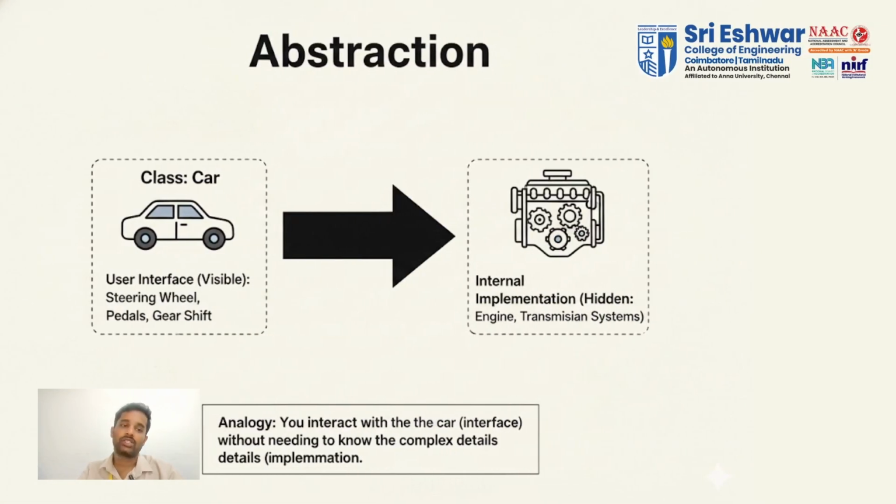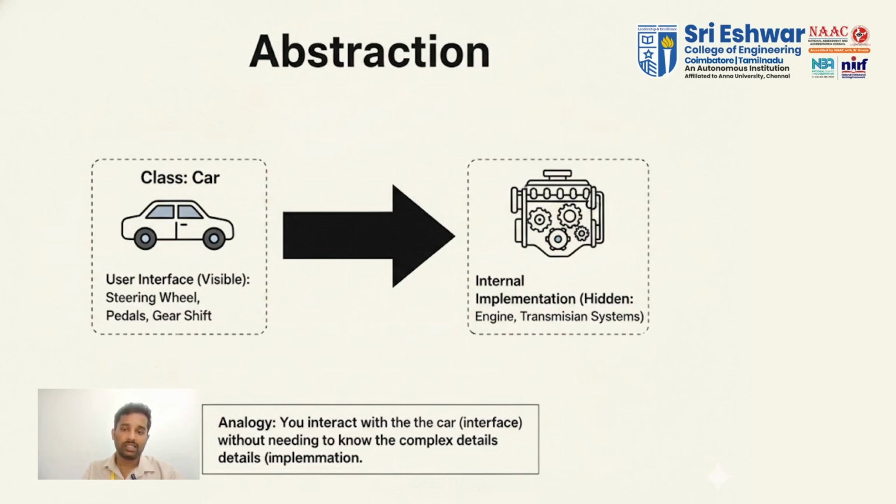Then abstraction. What is abstraction? Abstraction means we hide the background information. We are not going to tell you everything. We'll just hide the background information and give you the essential things. For example, if you have a car, you know how to drive the car.